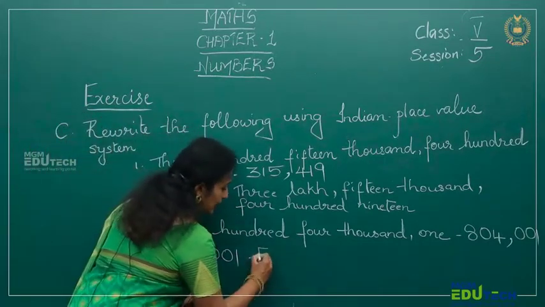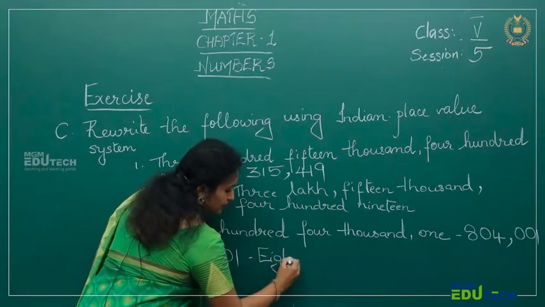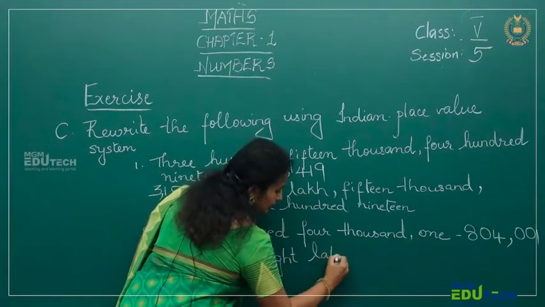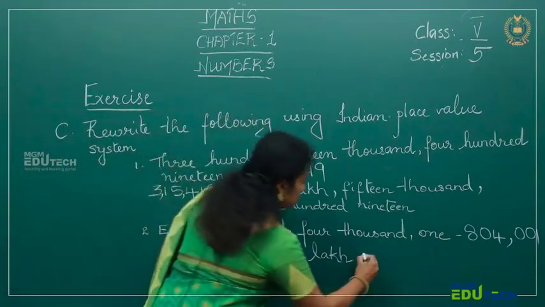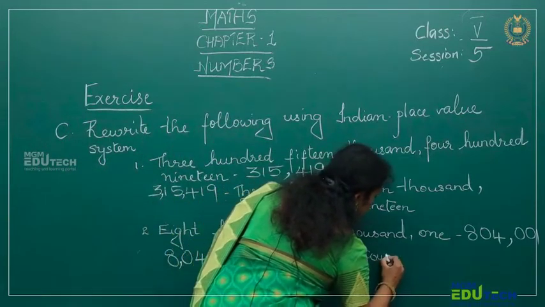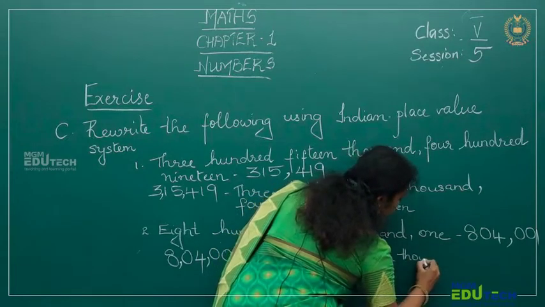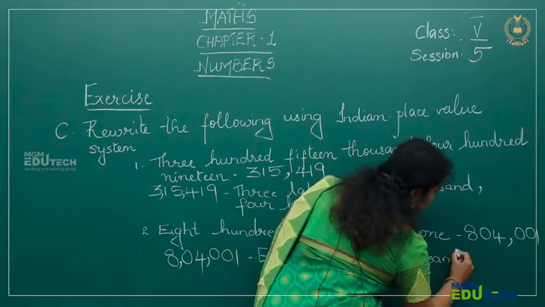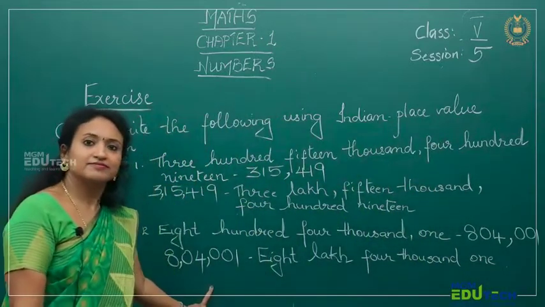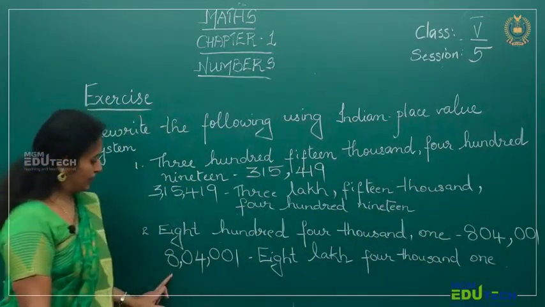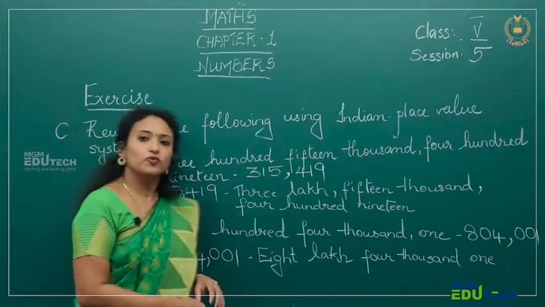Yes, 8 lakh. So it is 8 lakh 4,000 4,001. Correct. See, 8 lakh 4,001.